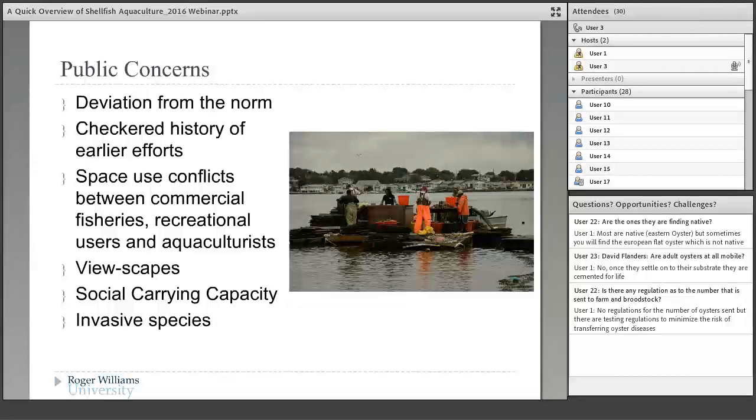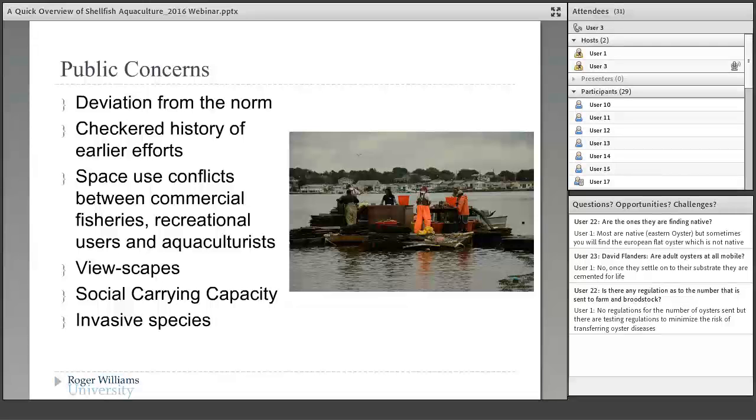We have had a checkered history of aquaculture efforts earlier. Blue Gold is probably a prime example of that, where after the failure of the farm, they just abandoned the site and left a lot of mess there. Fortunately, that's not an option now because of bonding of the sites.